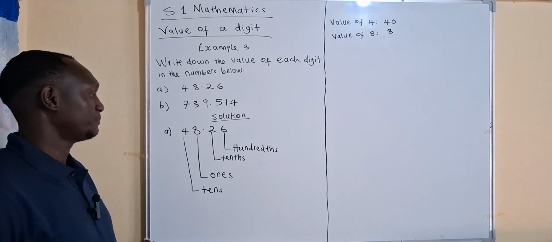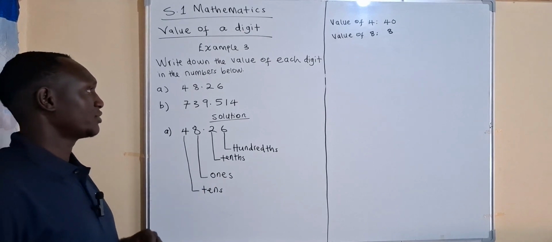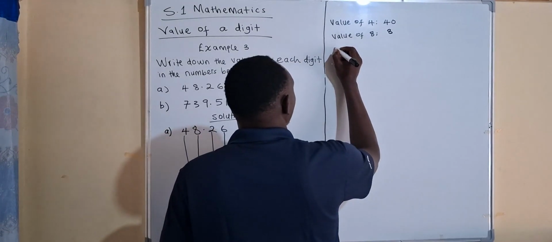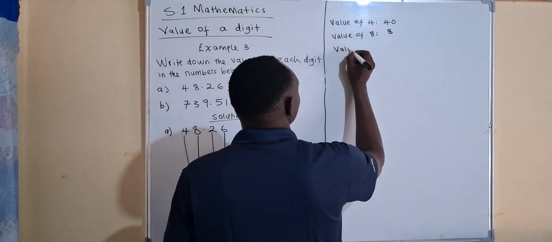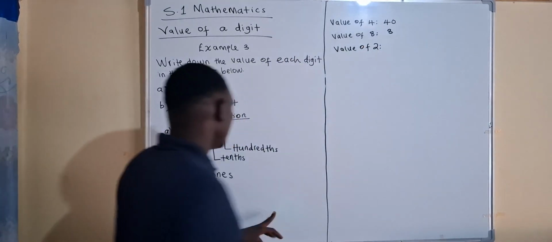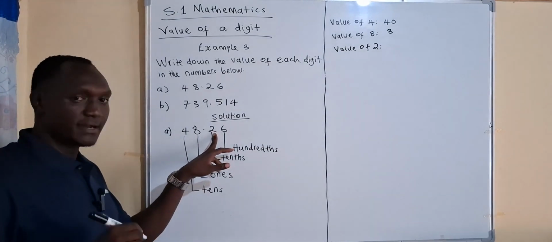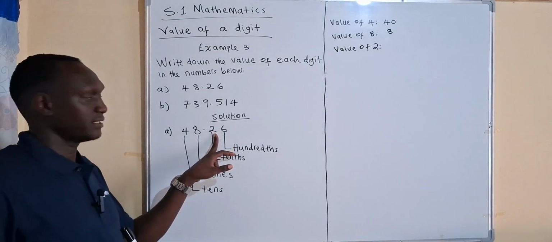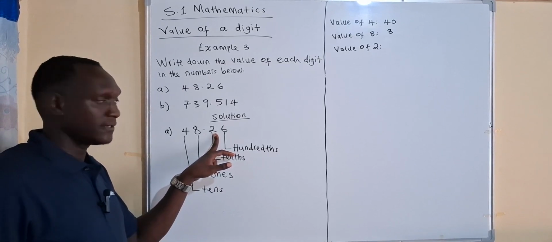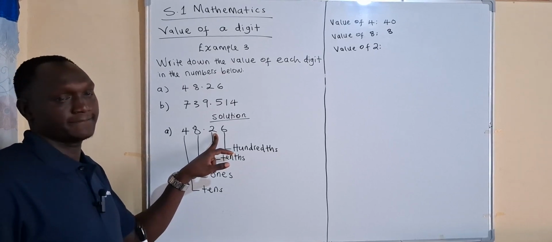But now, what about the decimal numbers, the numbers after the decimal point? Value of 2. We say the immediate number, the first number after the decimal point, we divide it by 10.